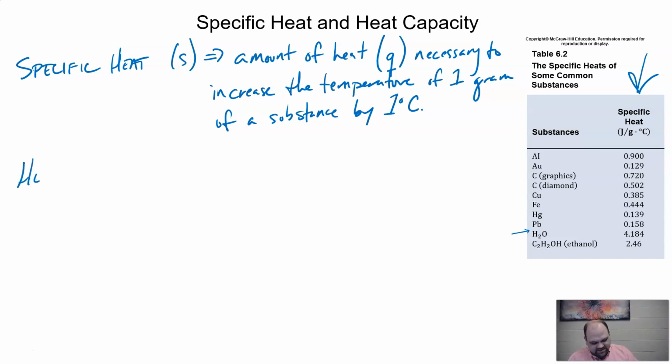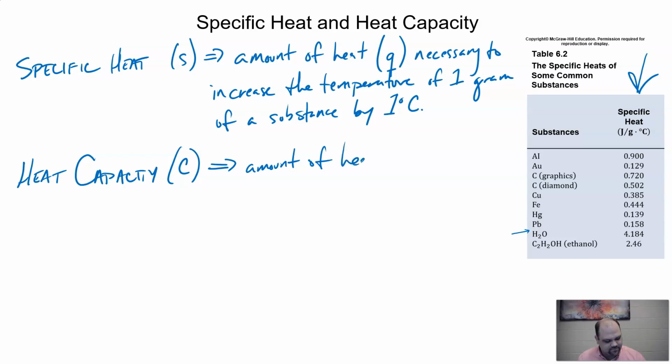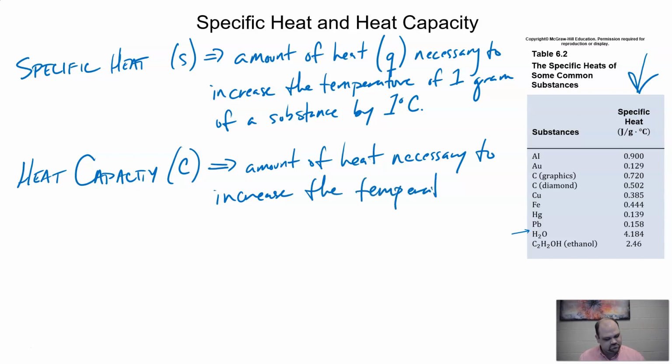When we talk about heat capacity, this is given the symbol capital C, and this is definitely related to specific heat, but it's the amount of heat necessary to increase the temperature of a given amount, a given mass.